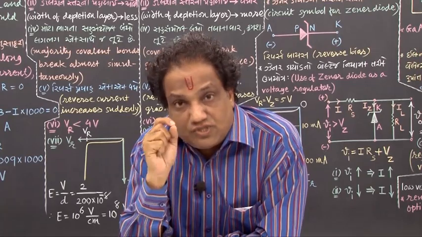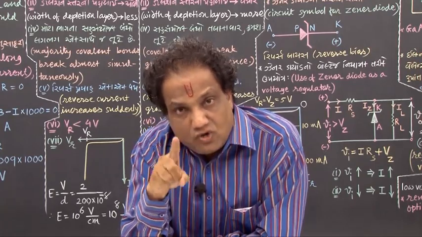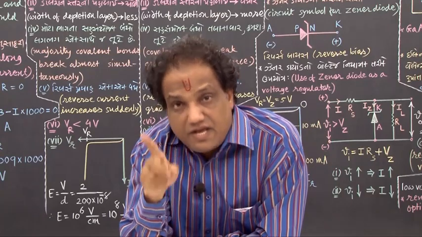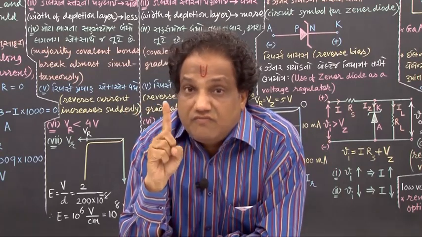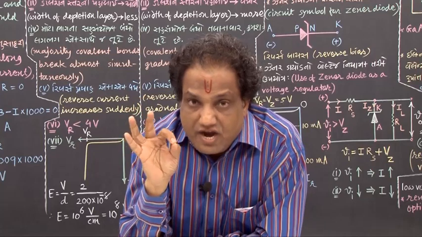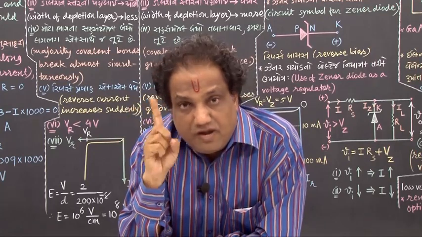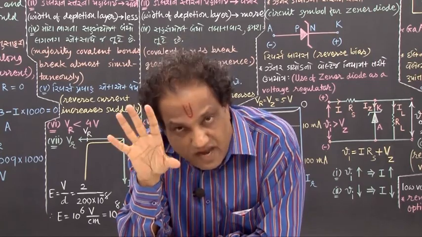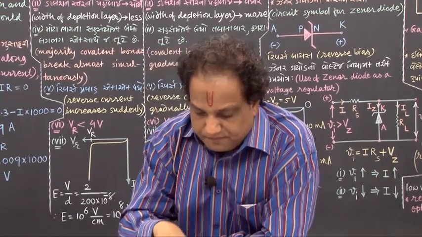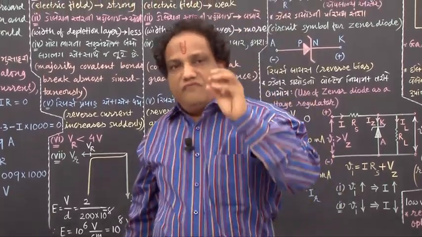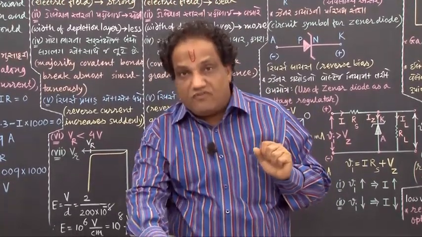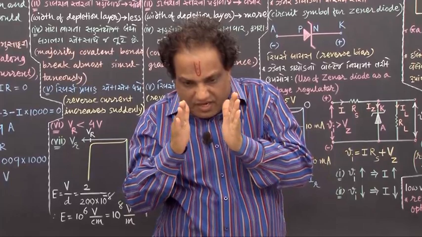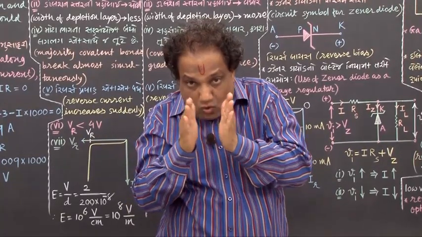If you want to observe the Zener effect, then the amount of impurity added in the PN junction diode must be very large. If you add a large amount of impurity while preparing the PN junction diode, then you will observe the Zener effect. Look how. When we add a very large amount of impurity, the depletion layer is obtained very narrow.